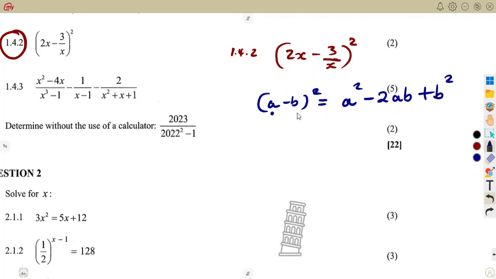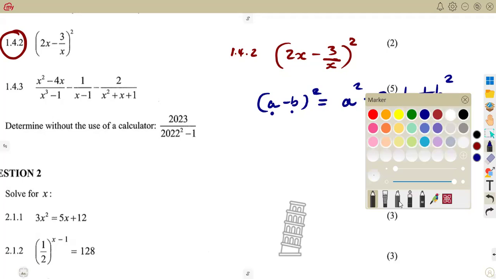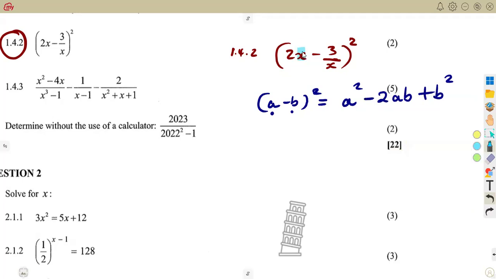First squared minus 2 times the first times the last plus the last squared. So in our case, this is our first, 2x, and this is our last, the 3 over x.